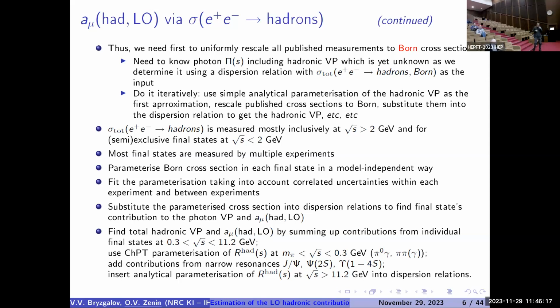This is significantly above the 2π threshold. So here we must use some parameterization for the missing part of the cross section. And the second region is the high energy region, well above double beauty production thresholds, where we can rely on the perturbative QCD parameterization of the total hadronic cross section, which is quite reliable.